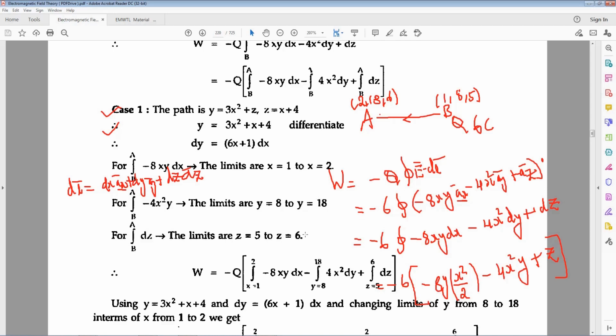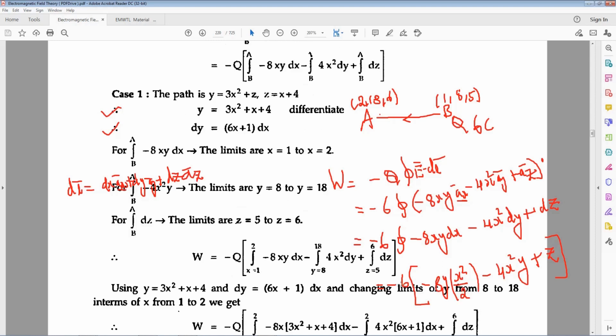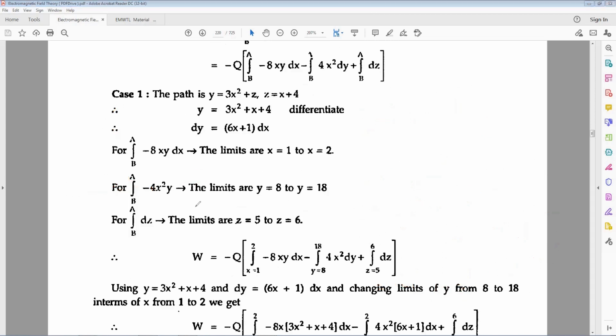Got it, my dear friends? So W is equal to, the first integral is 1 to 2, the second integral 8 to 18, and the third integral 5 to 6. So when using y is equal to 3x square plus x plus 4, they given like that.